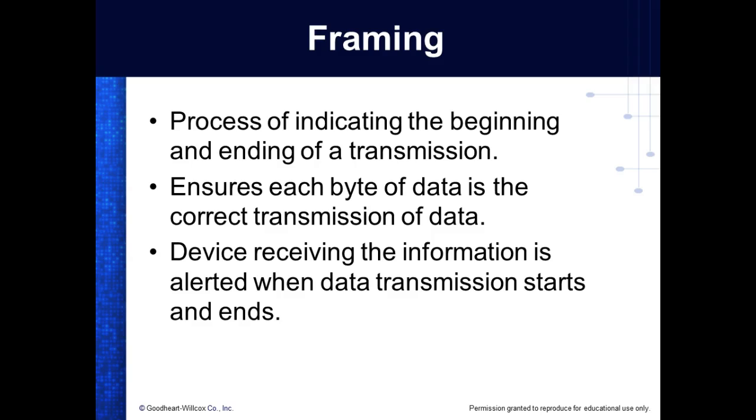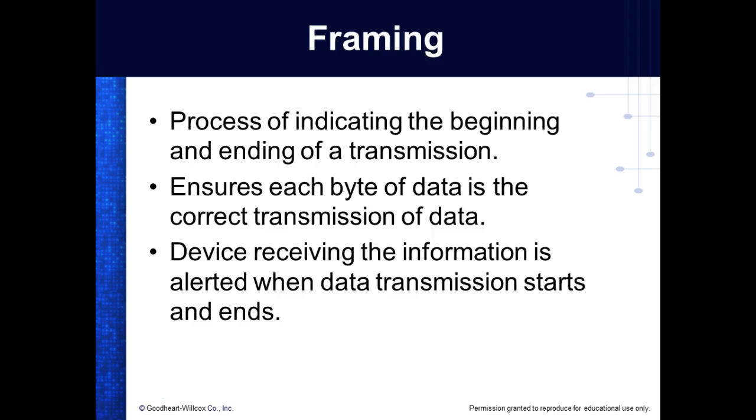So on a network, you only get control of the network for a real short period of time. What they do is take your information and split it up into what we call packets. Then you send a packet out, and then you come off, and somebody else can send a packet.